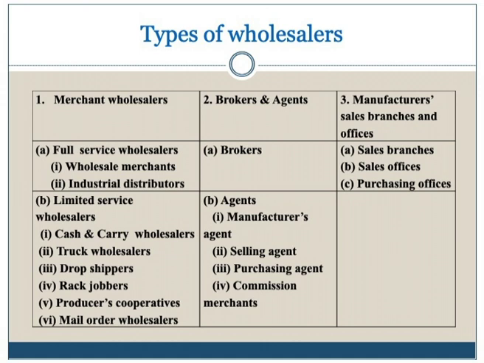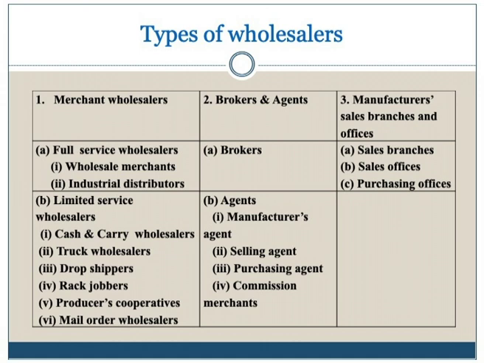Types of wholesalers. Wholesalers are broadly divided into three types: merchant wholesalers, brokers and agents, and manufacturer sales branches and offices. Merchant wholesalers are again divided into full service wholesalers and limited service wholesalers. Full service wholesalers are further classified as wholesale merchants and industrial distributors.